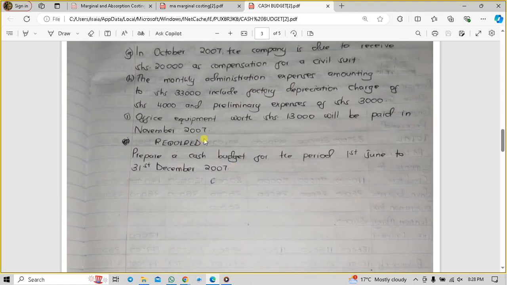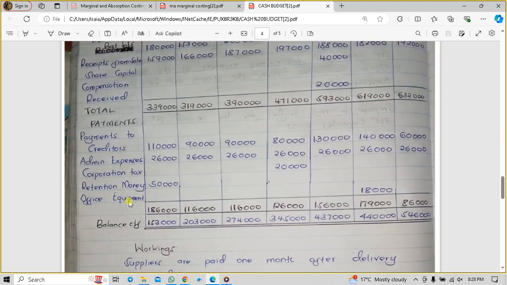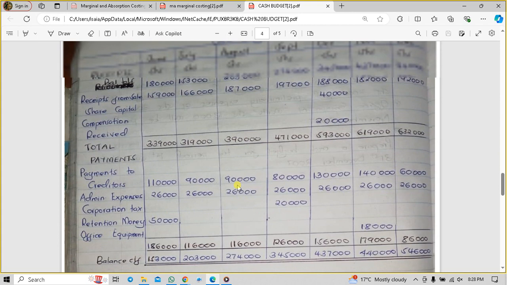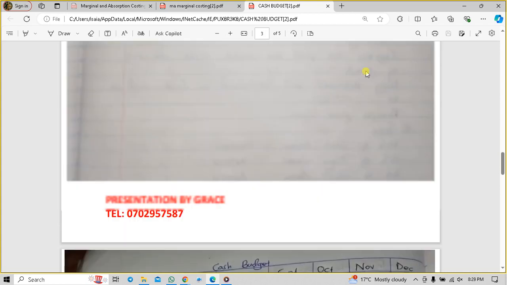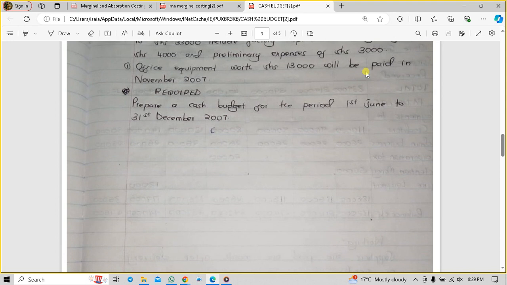What else is remaining? Office equipment of 13,000 will be paid in November. That is a payment of office equipment, we are going to pay in November. I have said 18,000, but it should be 13,000.